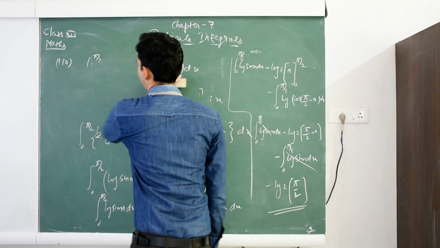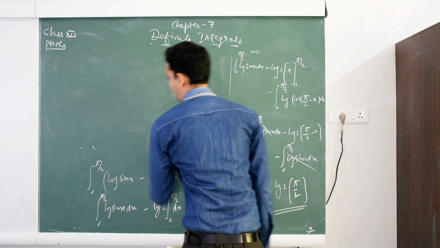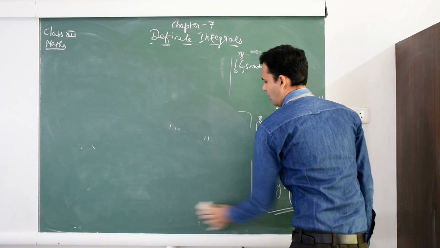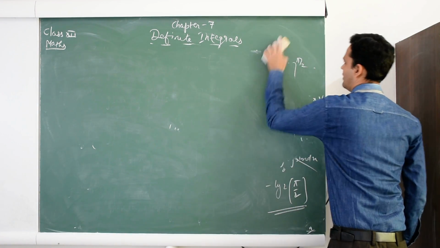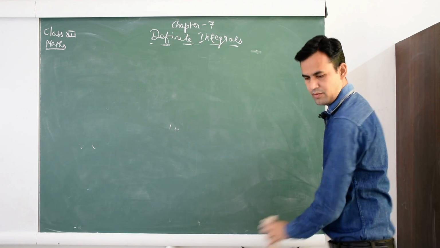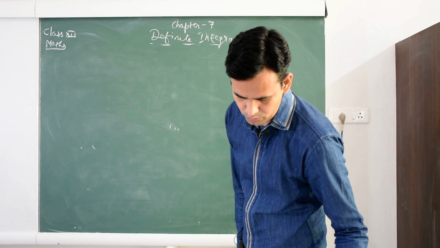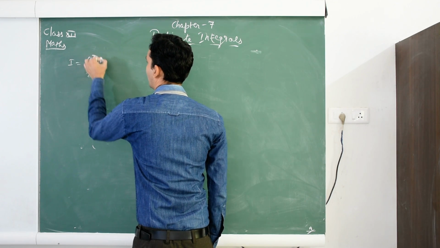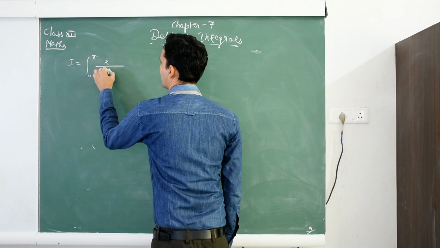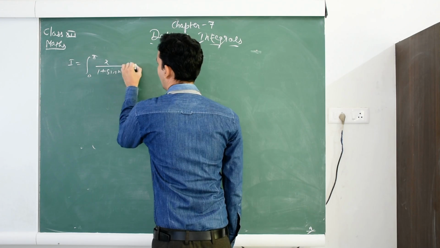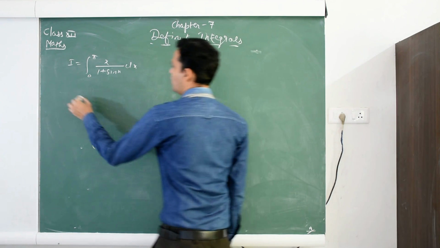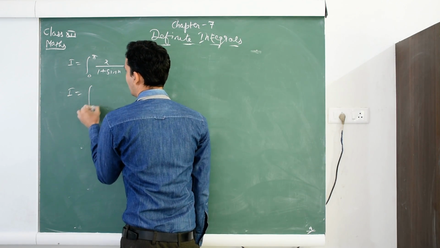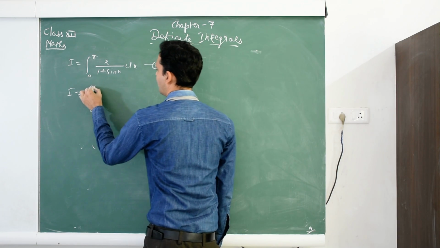Next, question number 12. Integral of x upon 1 plus sin x dx. Limit is 0 to pi. I equals the integral from 0 to pi of x upon 1 plus sin x dx. This is equation number 1.